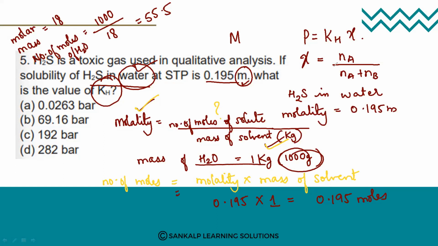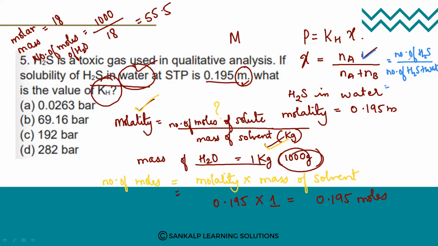Now we will use this formula. What is Na? Na is the number of moles of H2S upon the number of moles of H2S plus water.